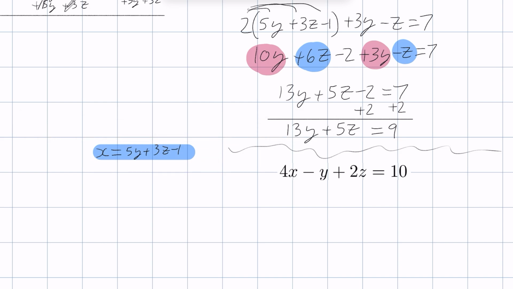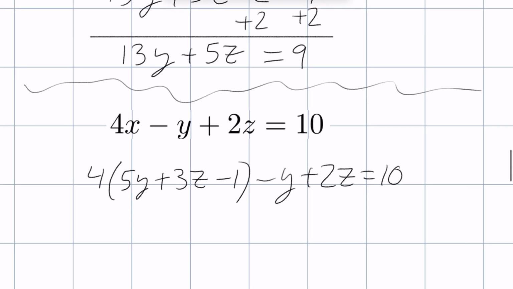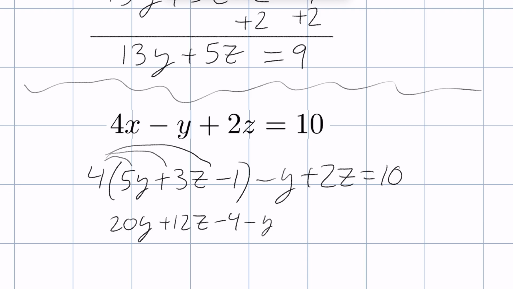So everywhere that we see x, we are going to write 5y plus 3z minus 1. So now we can once again distribute. That's 20y plus 12z minus 4 minus y plus 2z equals 10.